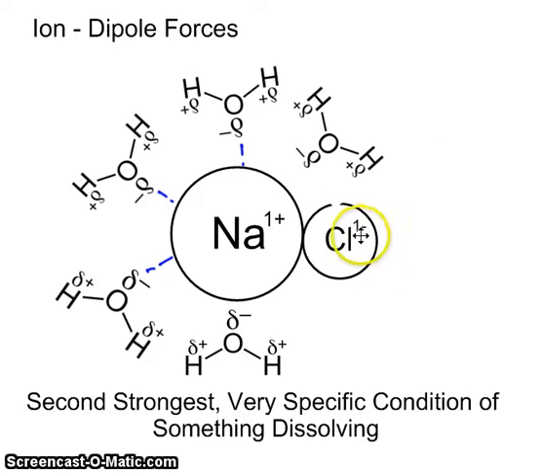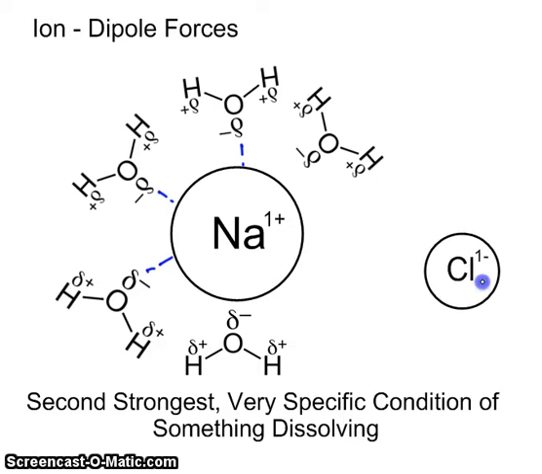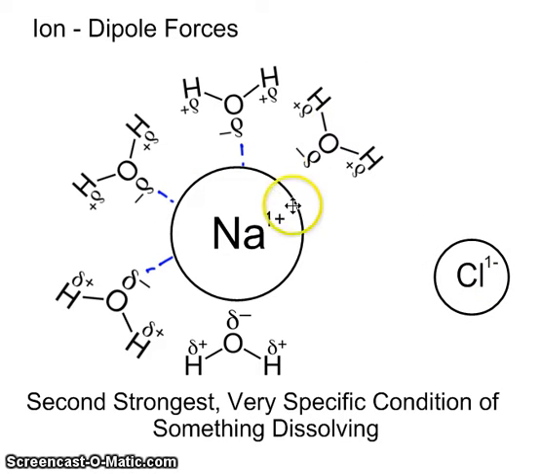Eventually, Joe, what's going to happen is this chlorine is going to drift away because the sodium, instead of being attracted to the one permanent chlorine charge, is going to be attracted to the bajillion little partial charges. And that effect, what you see, is something dissolve.